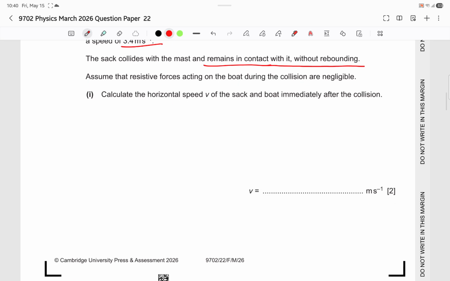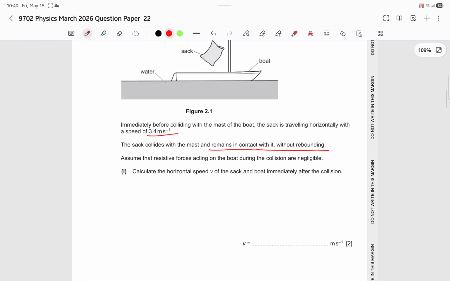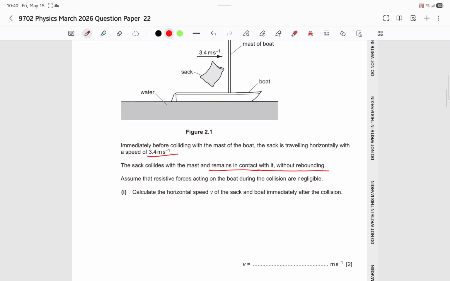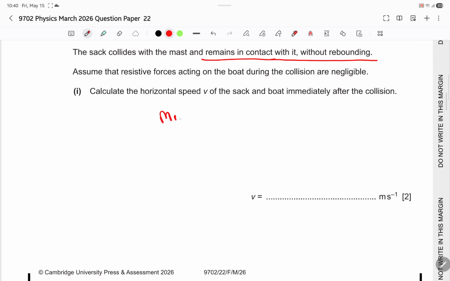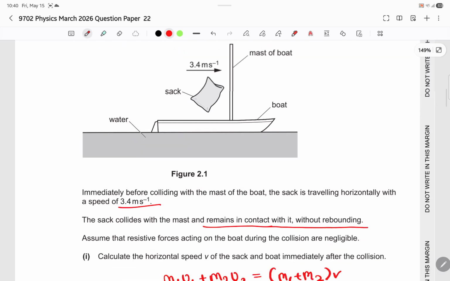So, total momentum before collision is equal to total momentum after collision. Which basically means m1u1 plus m2u2 is equal to m1 plus m2 times v.